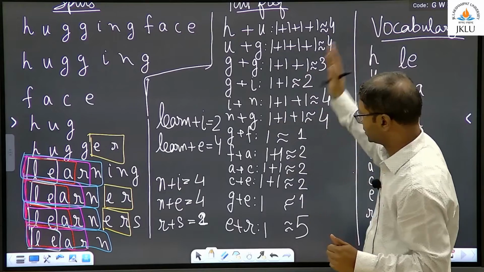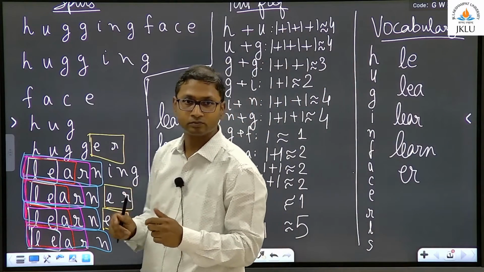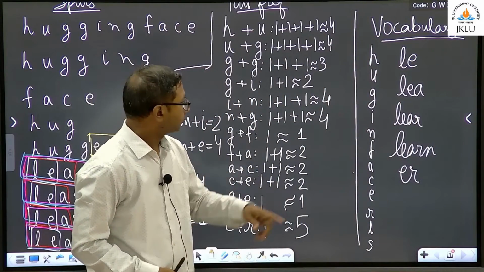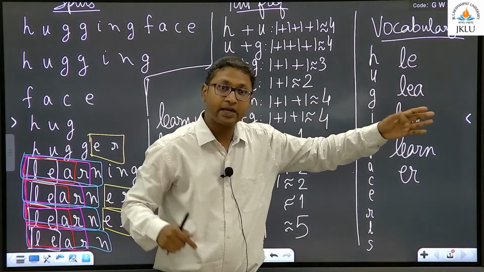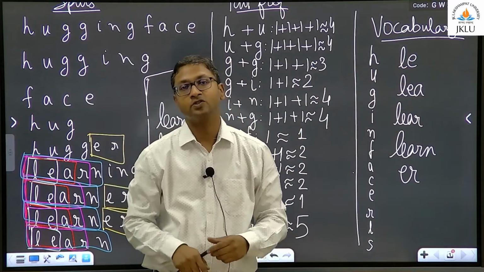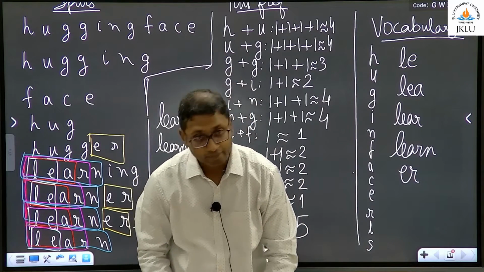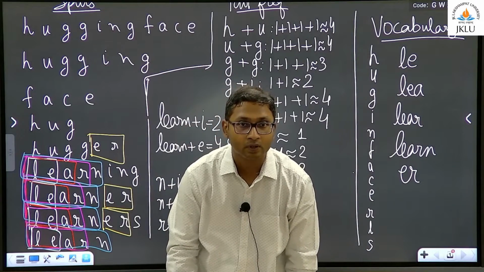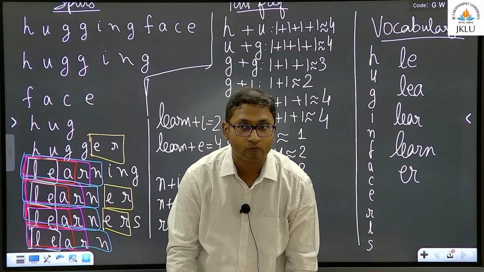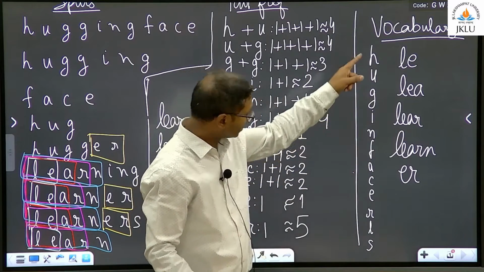So you keep on doing this. Vocabulary size will keep on increasing, and you decide how much vocabulary size you want to keep. So sir, that vocabulary size is equal to the token size. Number of tokens. Vocabulary size equal to the number of tokens.